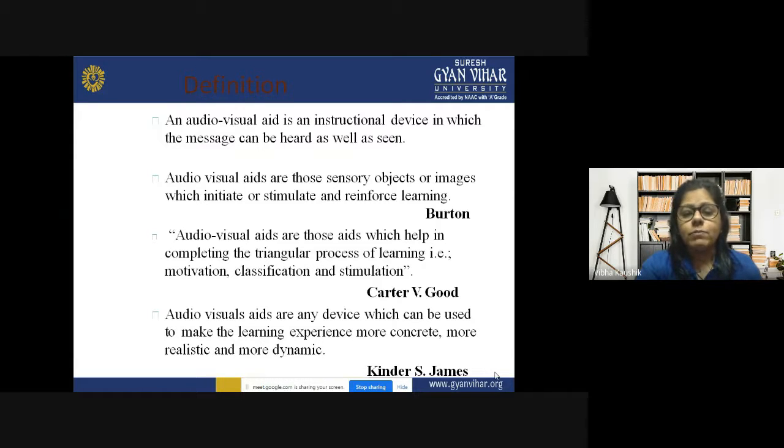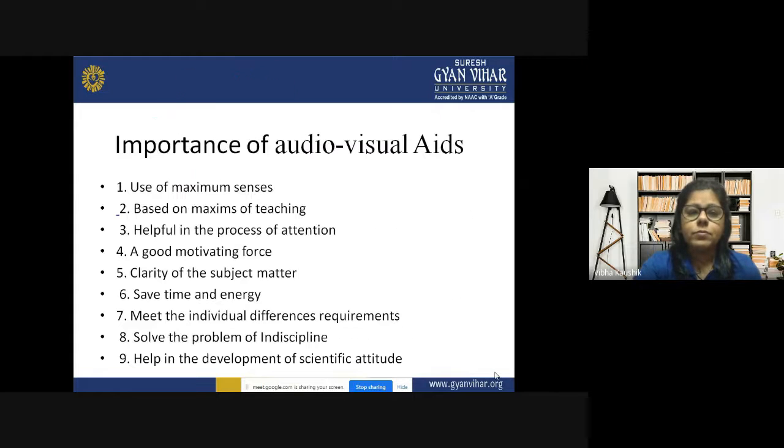James has also defined audiovisual aids, stating that they are any device that can be used to make learning experiences more concrete, more realistic, and more dynamic.